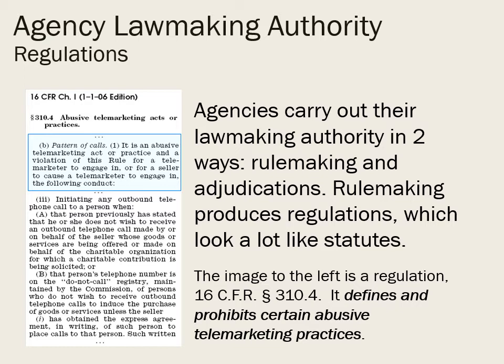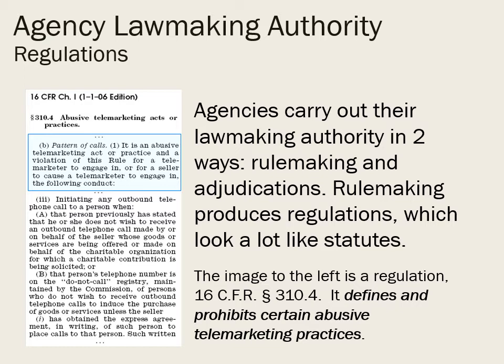So on the screen is an example of an FTC regulation that defines and prohibits certain abusive telemarketing practices. At first glance, it doesn't look all that different from the previous screen. But you can see this is from Title 16 of the CFR, or the Code of Federal Regulations, not the U.S. Code.